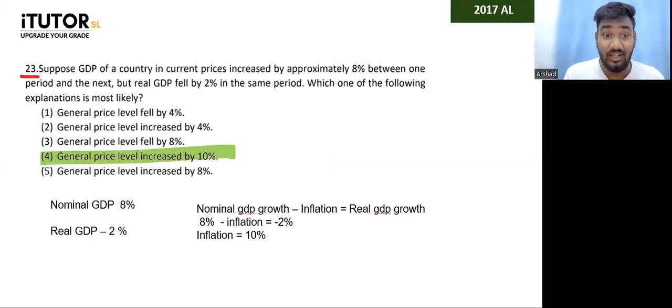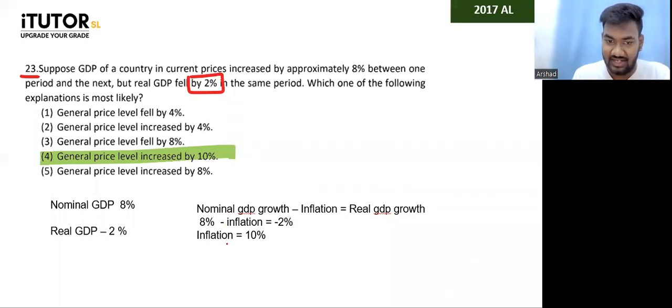So yes, this is the same question that we had before. What is the equation? Nominal GDP growth minus inflation, or minus the growth in price level, is equal to your real GDP growth. So nominal GDP has grown by 8%. Inflation, that is what I'm trying to find. Real GDP fell by 2%. So then 8% minus inflation equals this.